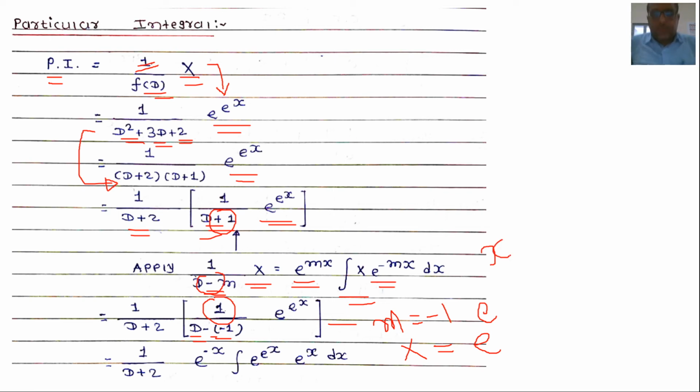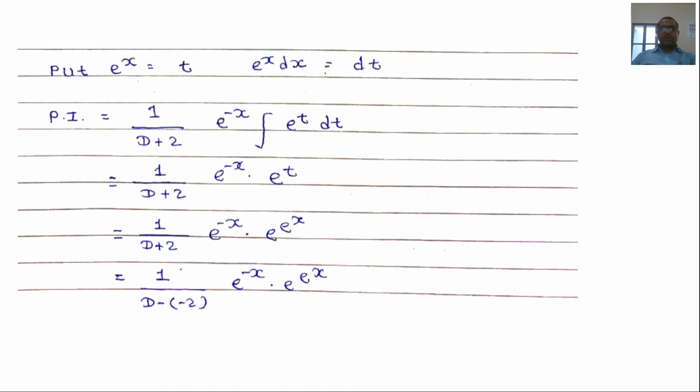So by applying the formula here you will get 1 upon D plus 2 as it is, e raised to minus x integration e raised to x into e raised to x dx. To evaluate this integration, put e raised to x is equal to t. So you will get e raised to x dx is equal to dt by differentiating with respect to x on both sides.